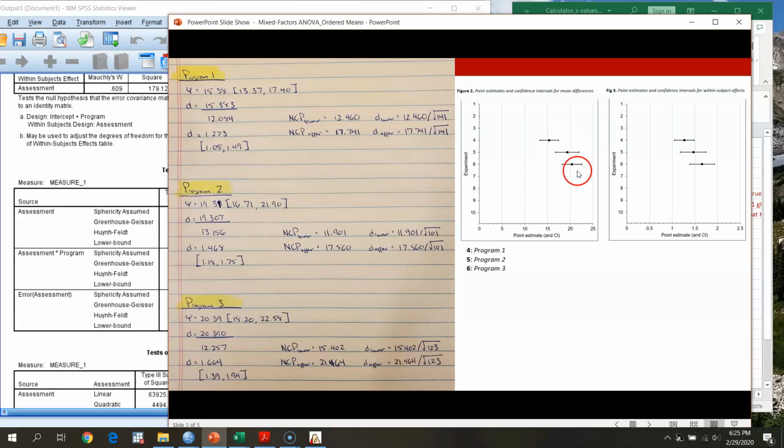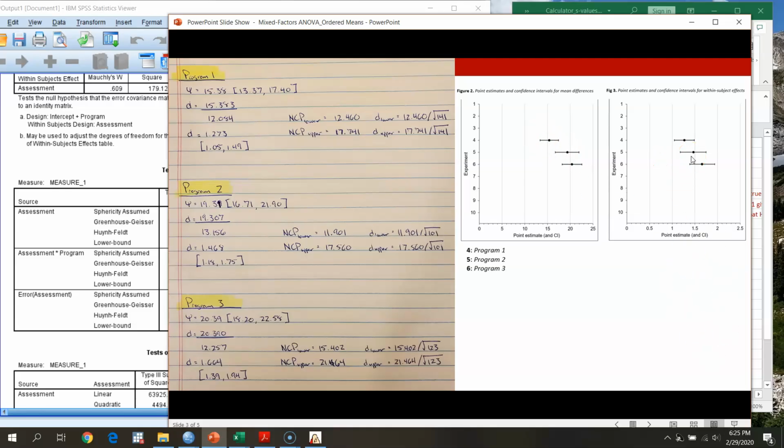program 1, and then programs 2 and 3 look fairly similar. A little more overlap between program 1 and 2 here, but potentially we're seeing greater effects for programs 2 and 3 relative to program 1.